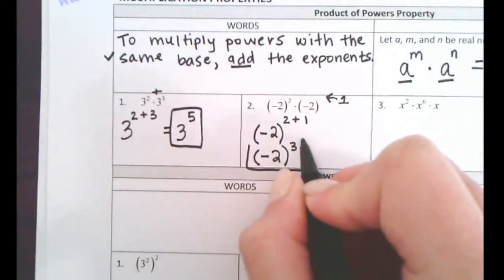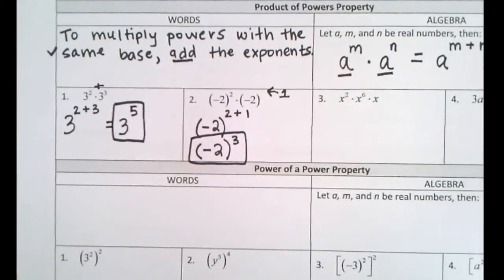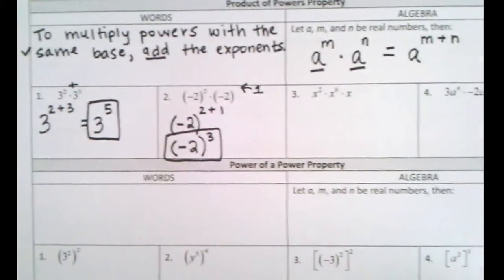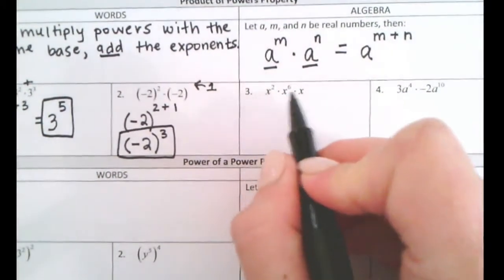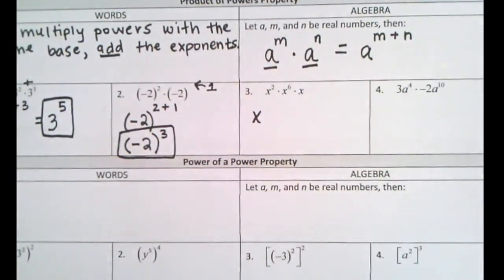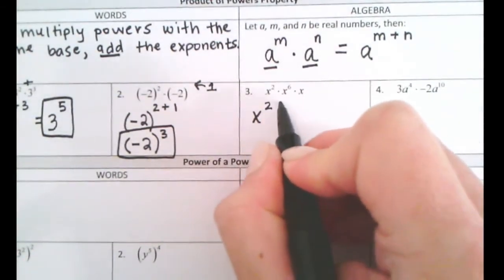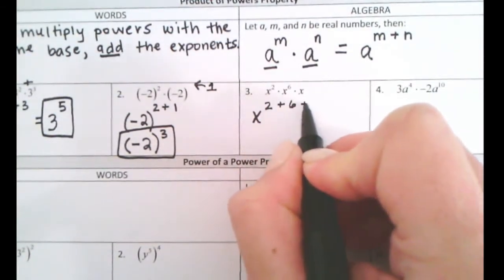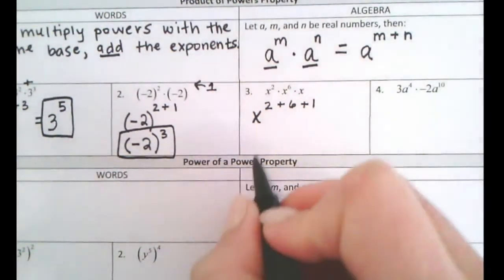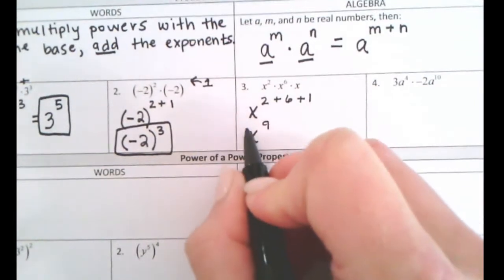And there is simplified. Number 3, x squared times x to the 6 times x. Notice here we have x's all as the same base. So I'm going to write this as x. I'm going to add all my exponents up, 2 plus 6 plus this understood 1. So my power becomes x raised to the power of 9.